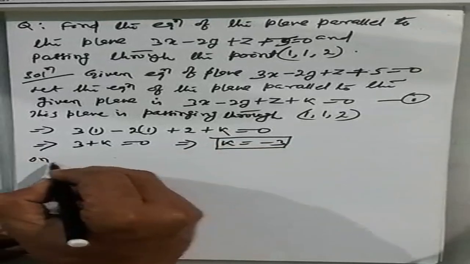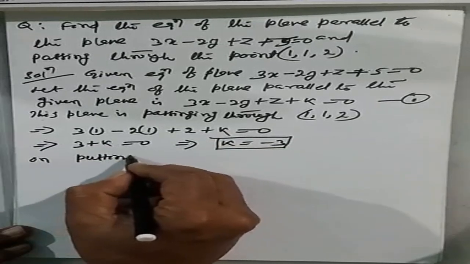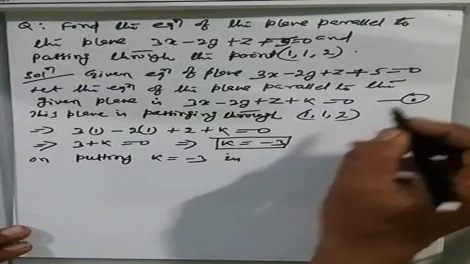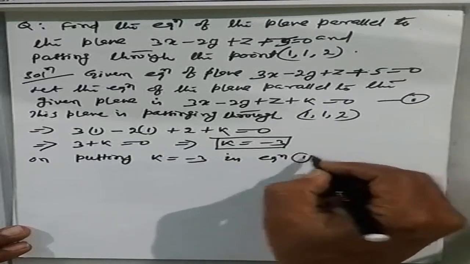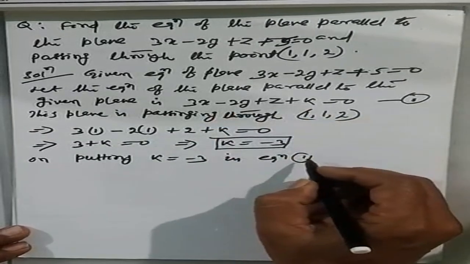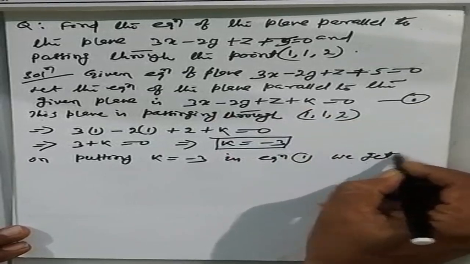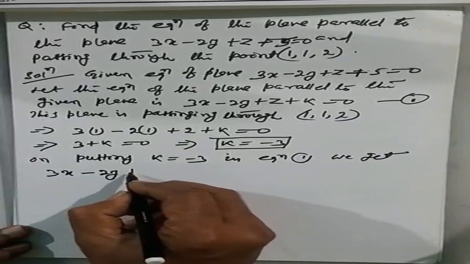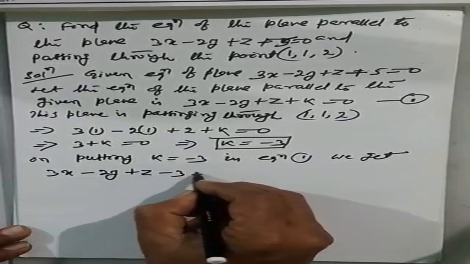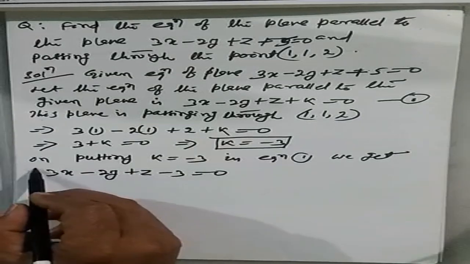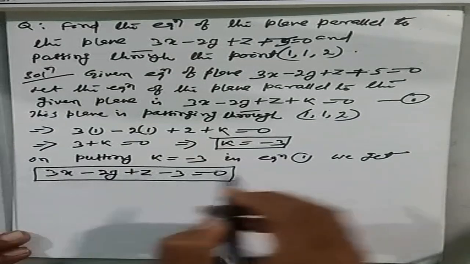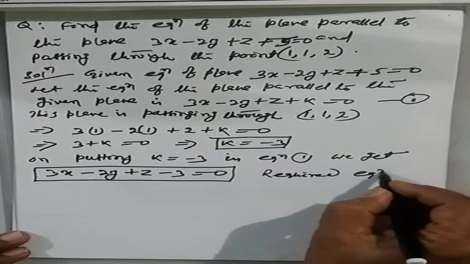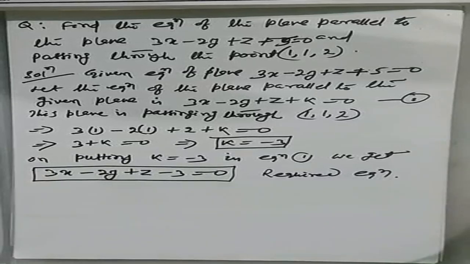Now on putting k is equal to minus 3 in equation 1, we get 3x minus 2y plus z minus 3 is equal to 0. So now this is your required equation. Hopefully you are now understanding it.